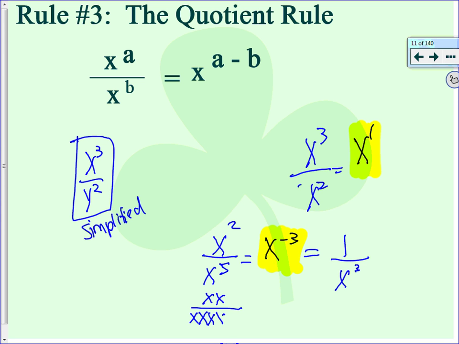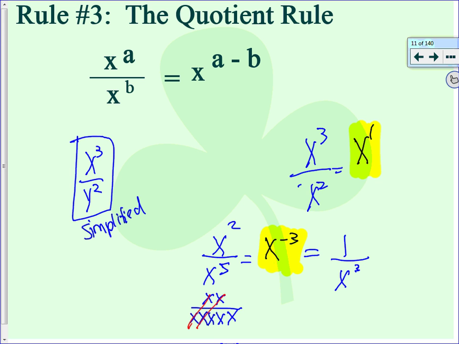So if we expand x squared over x to the 5th, you can see that 2 pairs of these would cancel out. And so on the top, you're just left with 1, because if you divide two numbers that are exactly the same, you get 1. And then on the bottom, do you guys see how there'd be x cubed on the bottom? So it's 1 over x cubed, which is equivalent to x to the negative 3.